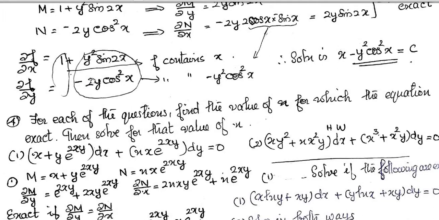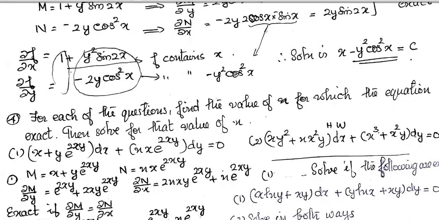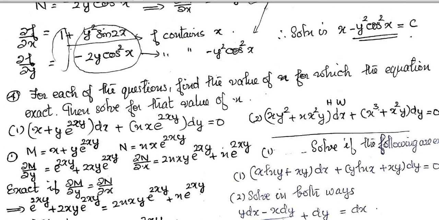Then the guess for that function is minus y² cos² x. When you differentiate this term with respect to x, you will get y² sin 2x. Similarly here also. That means the solution is x minus y² cos² x is equal to c.